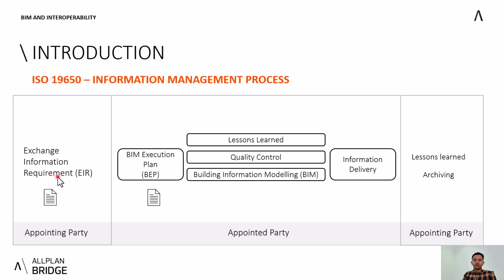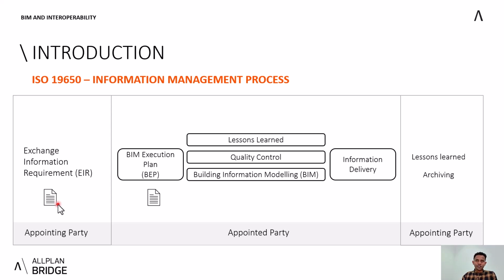These are a set of wishes and basic requirements that the appointing party, or the client, wants to be fulfilled by the end of the day. Here we are calling them exchange information requirements. Basically they are requirements which the appointing party sets, because those are the steps into the deliverables, or basically they are also deliverables.